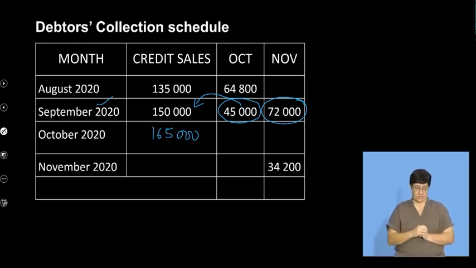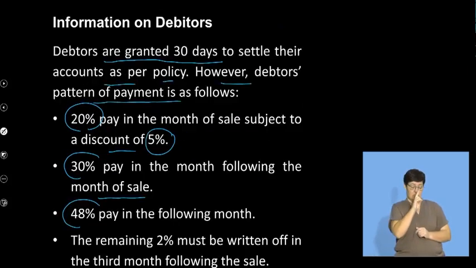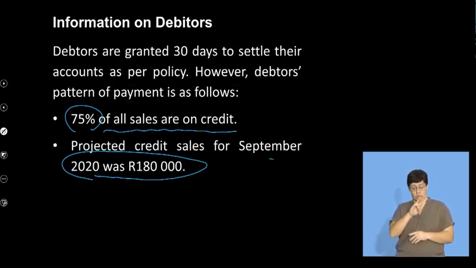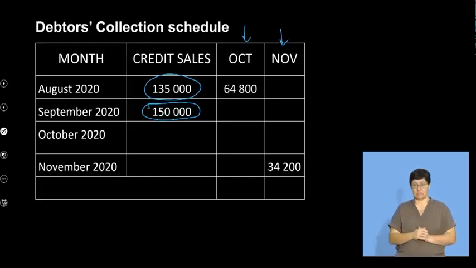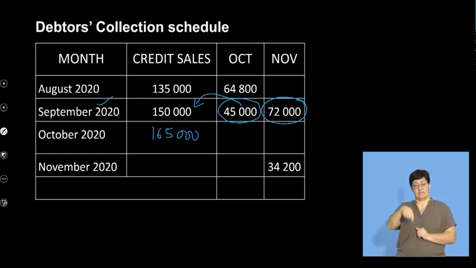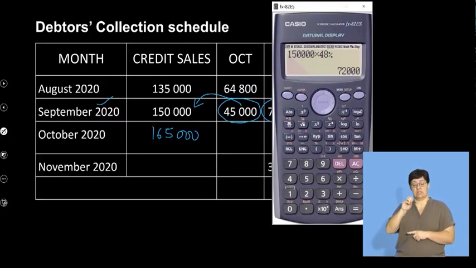Firstly, we are told 20%, let's just verify that information. 20% pay in the month of sale, but be careful on this one here, because 20% pay in the month of sale subject to a discount of 5%. Now what do we know? We know that we're working with the 20%, let's do that. So we have 165,000. Let's cancel that.